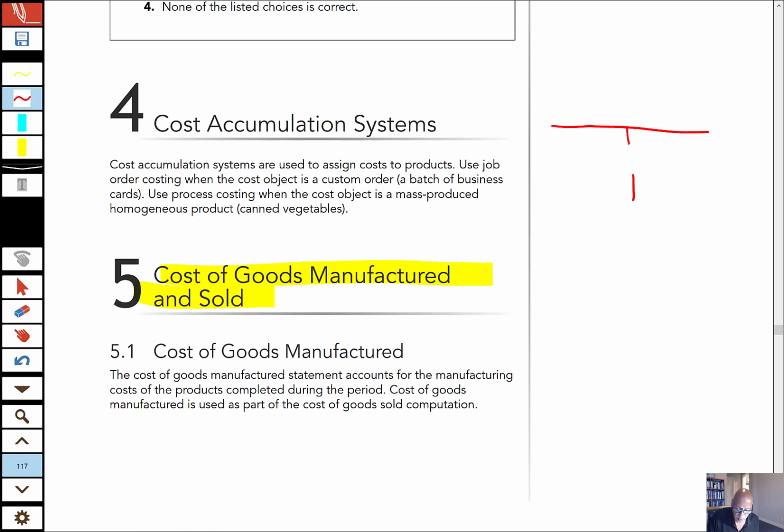Okay. So let's just go ahead and look at my raw materials. And then I'm going to have my work in process right here. And if this thing will let me, I'll put my accounts payable over here.